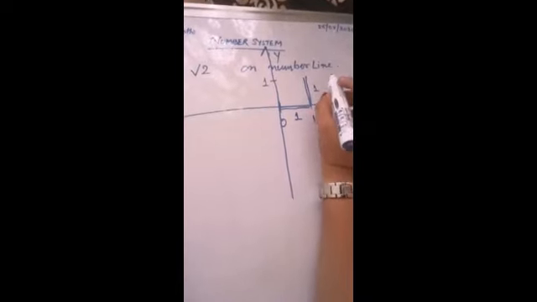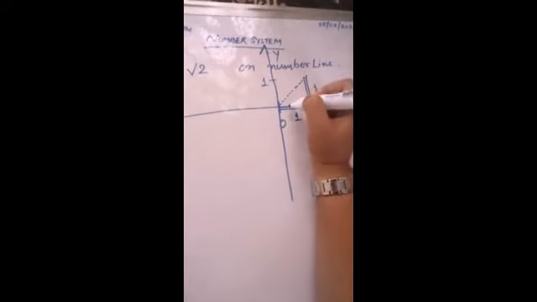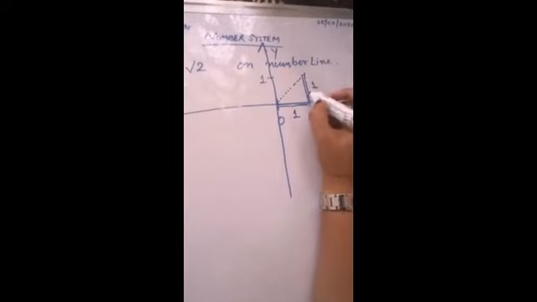By the Pythagoras theorem, if we join this by a dotted line, you know that this forms a right angle triangle, right?